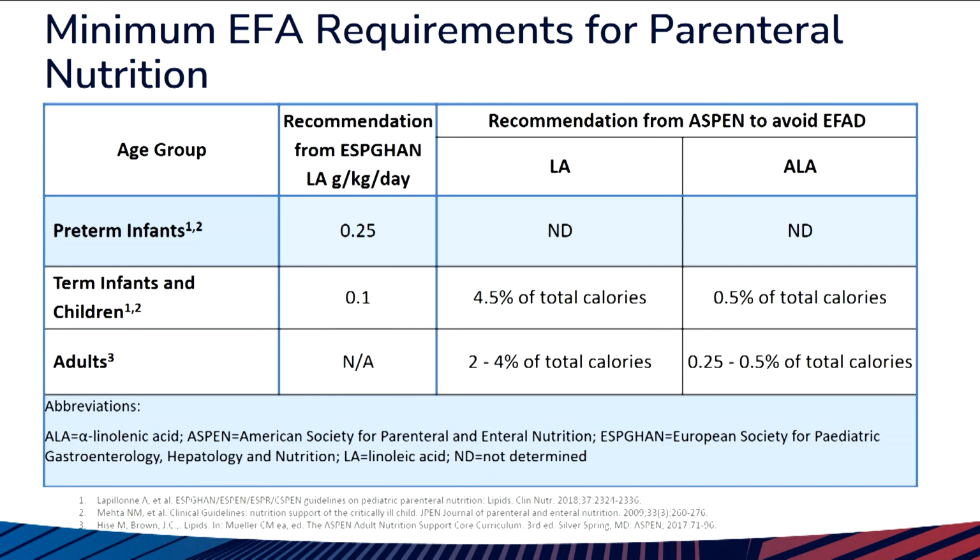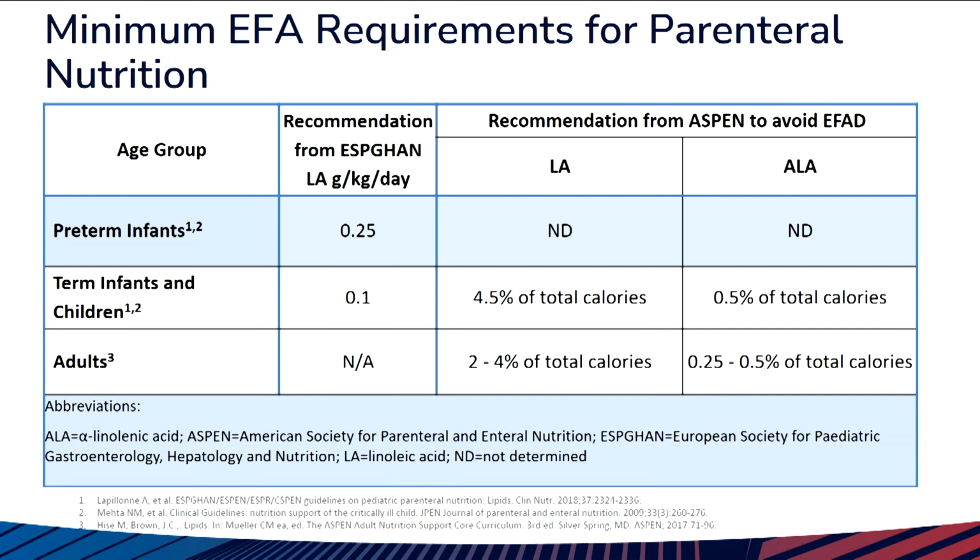There are some recommendations for EFA requirements. ASPEN has recommendations, as you can see on the slide, for term infants and children and adults. They don't really have any recommendations for preterm infants. ESPGHAN, which is one of the European societies, does have recommendations for preterm, term, and children, but not adults.